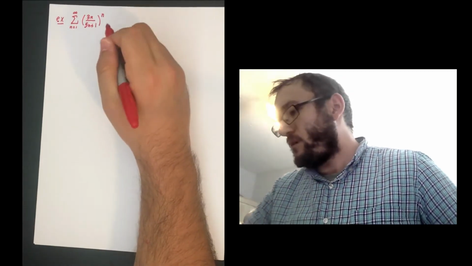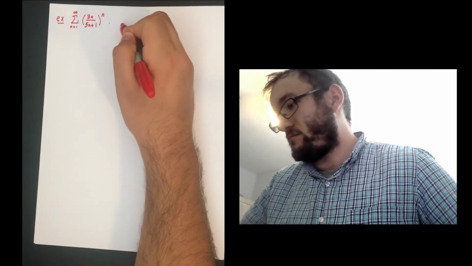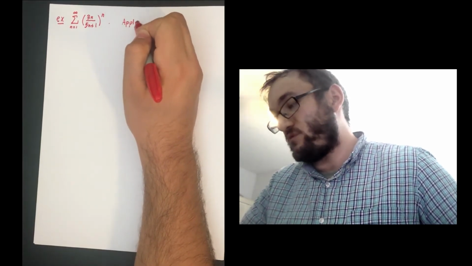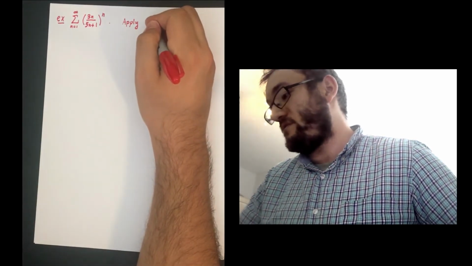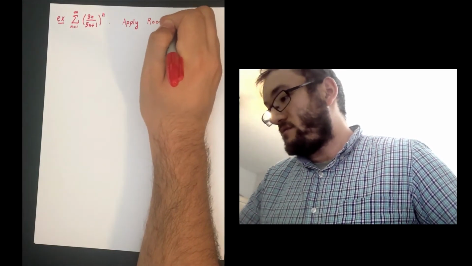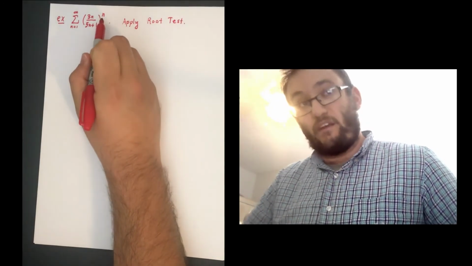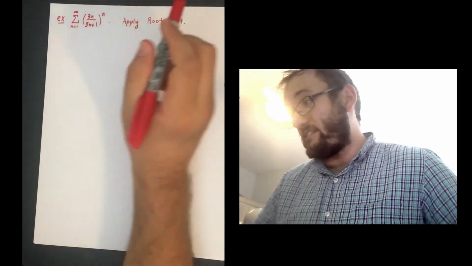Well, let's apply the root test. One way to tell that the root test will be particularly effective is that you have a power of n here. So when you take the nth root, that's going to cancel very nicely.